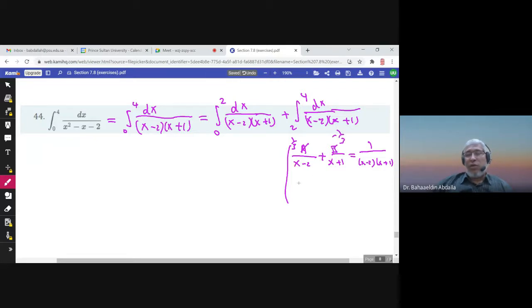So I can write it as the integral of 1 over 3 times 1 over x minus 2, minus 1 over 3 times 1 over x plus 1, dx.